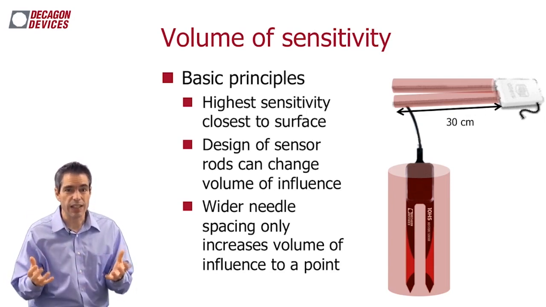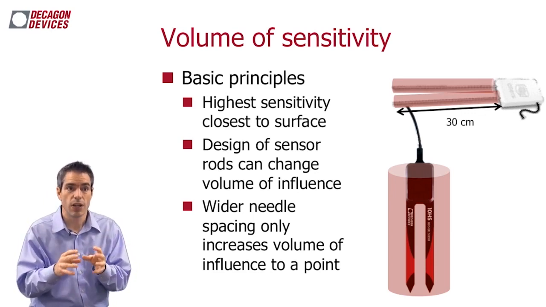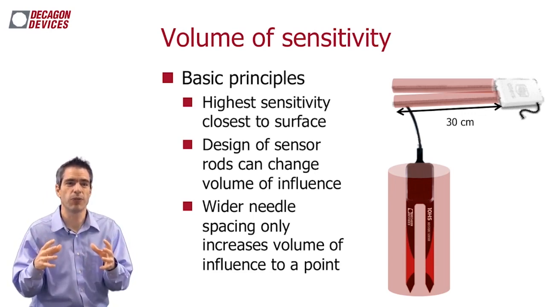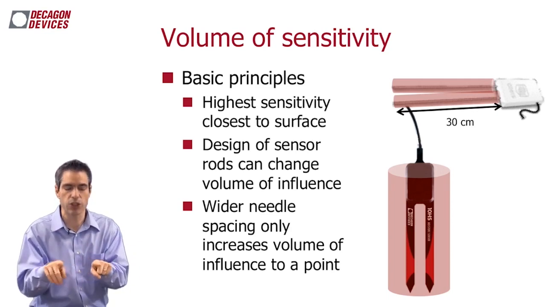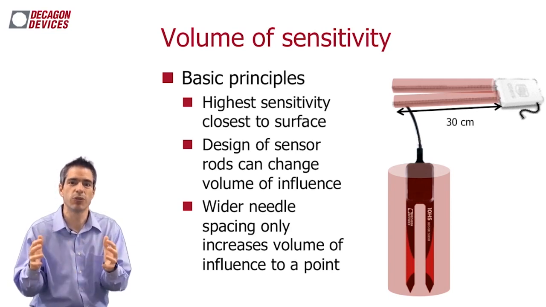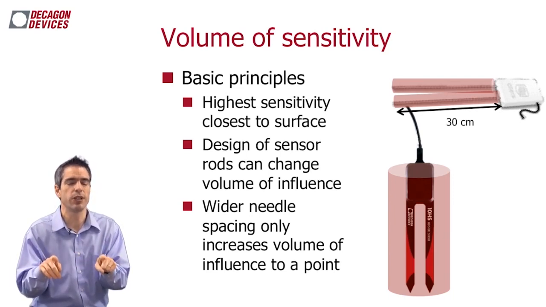The second idea is that we can design sensors that can increase this volume of influence, but only to a point. So we can change the rod spacing and increase this volume of influence, but wider needle spacing only increases it to a certain point.